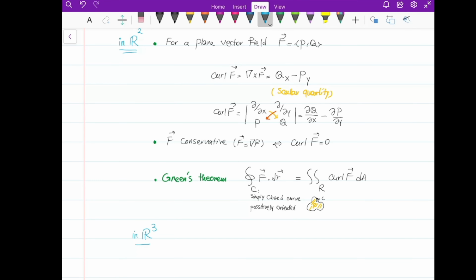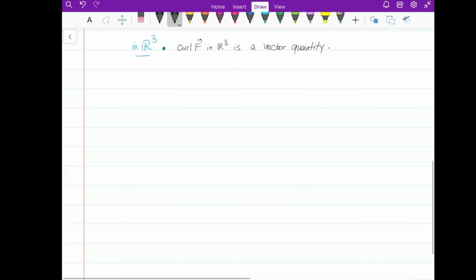In R3, curl is actually a vector quantity. Curl of F in R3 is a vector quantity.